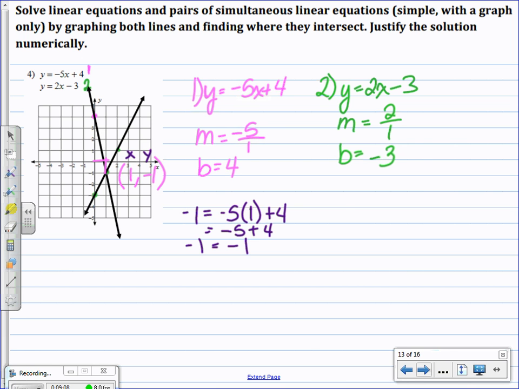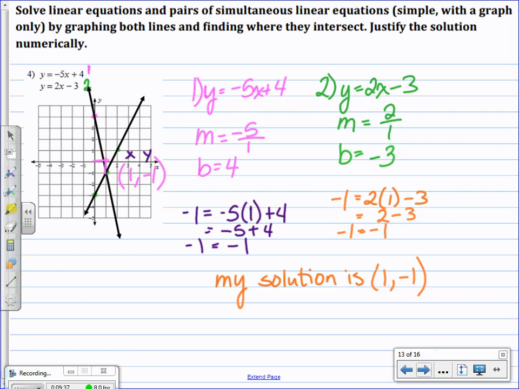So y again is negative 1, and that equals 2 times 1 minus 3. 2 times 1 is 2 minus 3. Negative 1 equals negative 1. Perfect. So my solution is, oops, sorry, my solution is 1, negative 1. 1 comma negative 1.